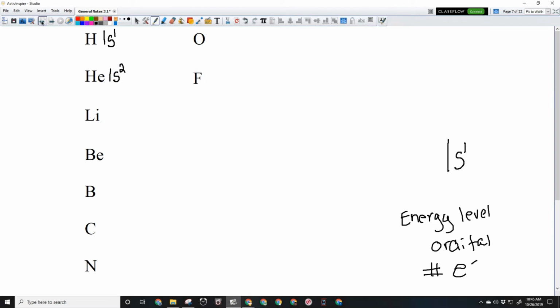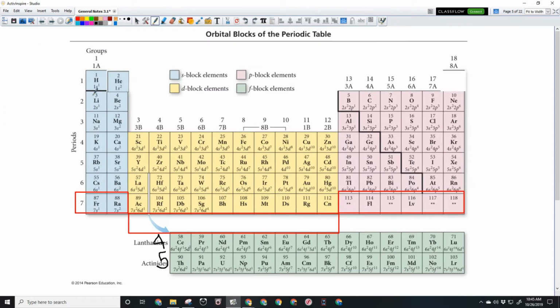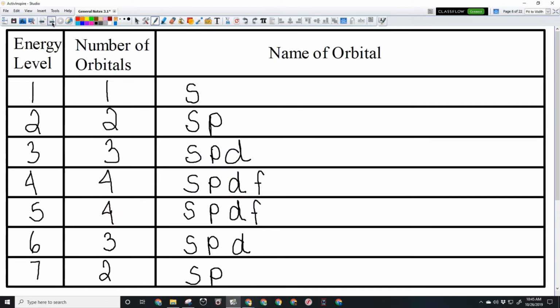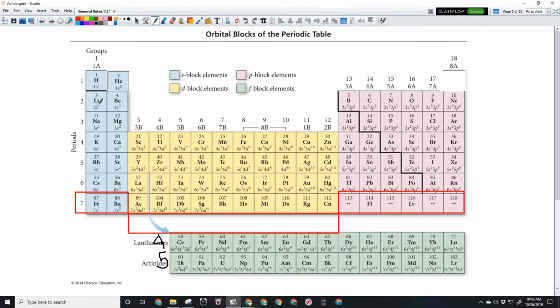All right, so let's look at lithium. Lithium is here. It's on the 2nd energy level. Lithium has 3 electrons. So when we write electron configuration, we continue writing what has been written before, the last element that's in the energy level above the one we have. In other words, for lithium, we have to write the full energy level that's above it.